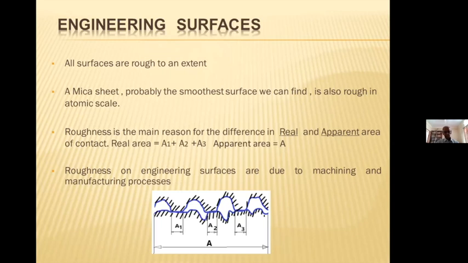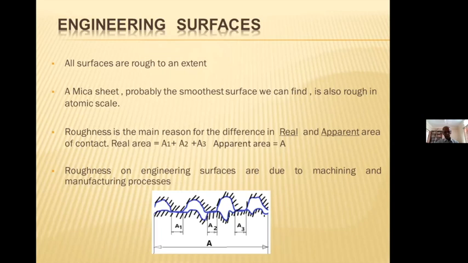But that is absolutely wrong. That is because the surface of the table and the surface of the duster both are not absolutely smooth, and hence the contact occurs only at the tips of the asperities or the peaks, and hence we have a difference between the real area of contact and the apparent area of contact.